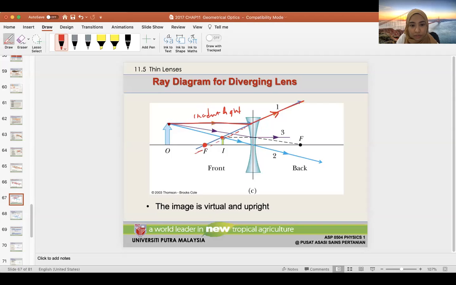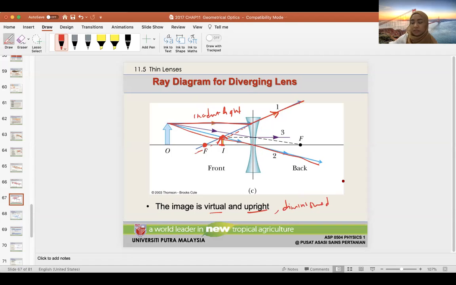Next one is the second ray, into the center. Where does it intersect? It intersects here. Principal axis is here. That is your image. So that's pretty easy. Again, for a diverging lens, the image is always virtual and upright. And diminished, is that part of it?